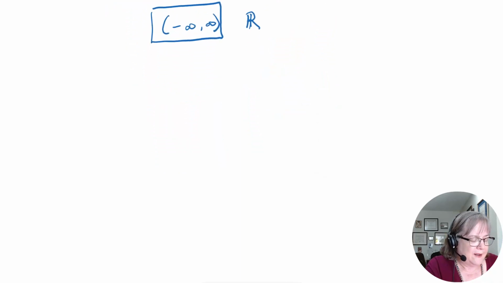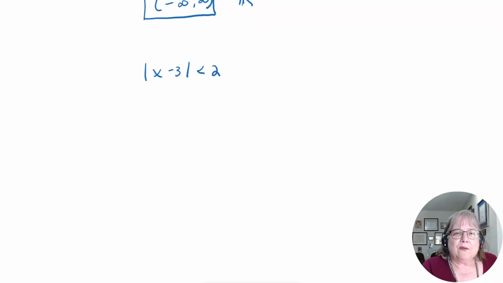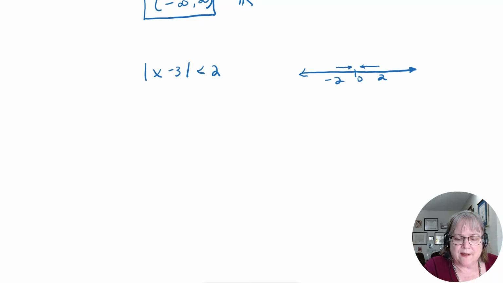Now there's another case that looks like this. What if you're less than 2 away? All right, so when you look at where this person might be, they are less than 2 away on the right side and less than 2 away on the left side. So they're somewhere in this area.